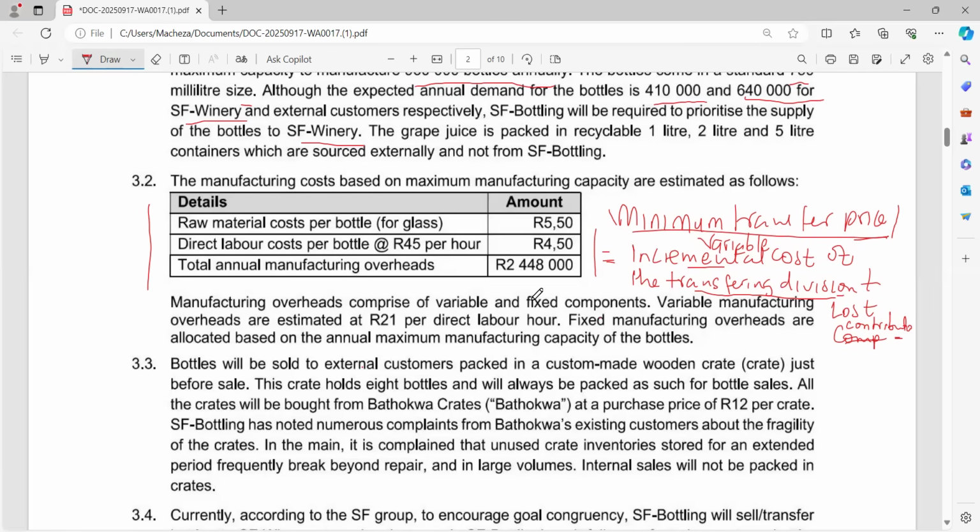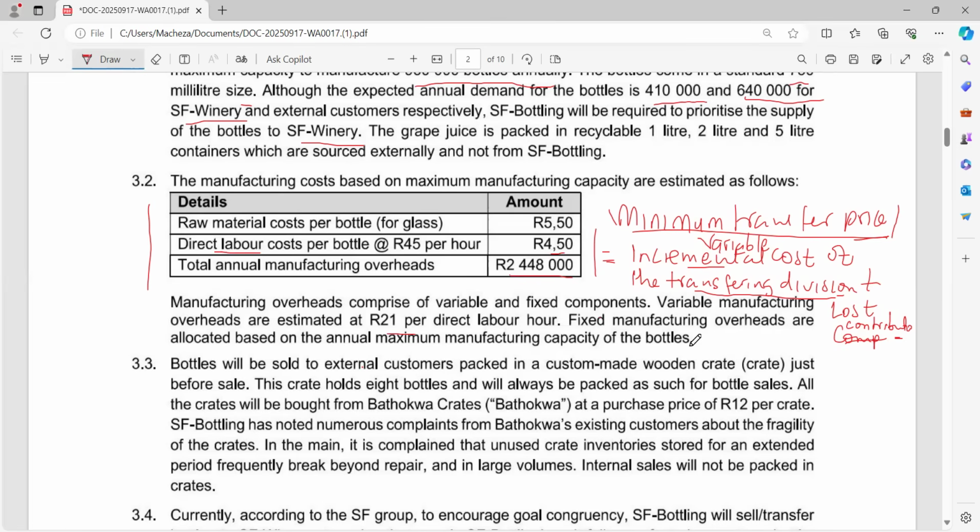Here it's total manufacturing overheads. So we need a variable component here so that we can have our incremental cost. Variable manufacturing overheads are estimated at 20 Rand per direct labor hour. So that's our variable manufacturing overheads. So on this slide, direct labor cost per bottle at 45 Rand per hour is going to be 4 Rand 50.